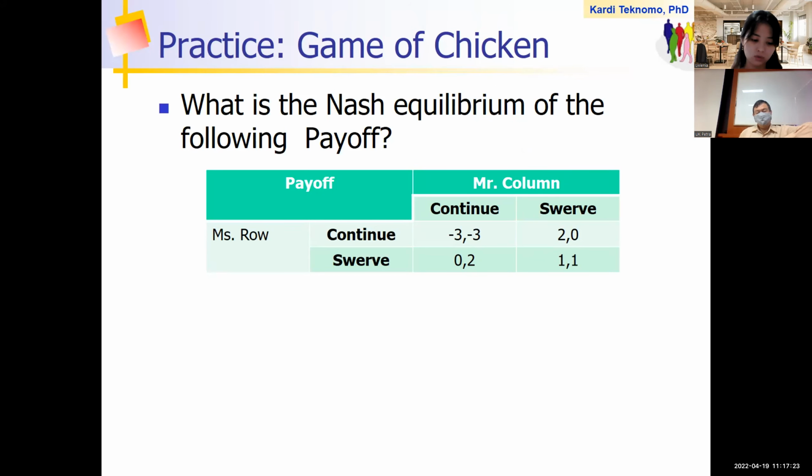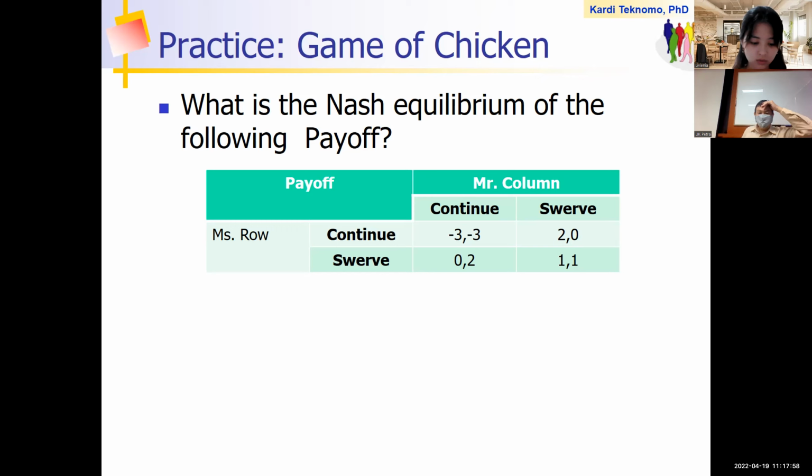Okay. Anyone want to try the same technique? Yeah? Two equilibria. Yeah? Which one?